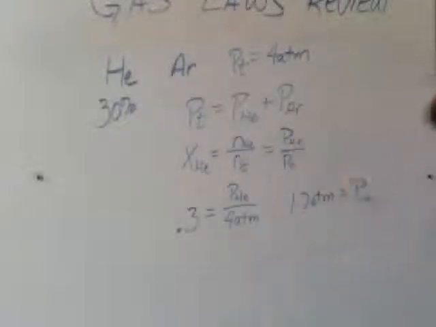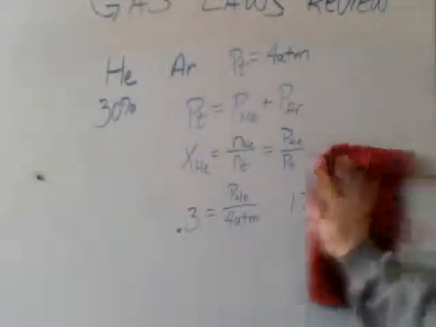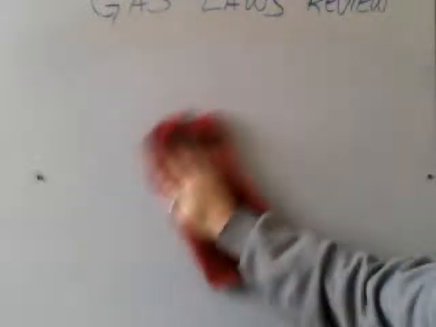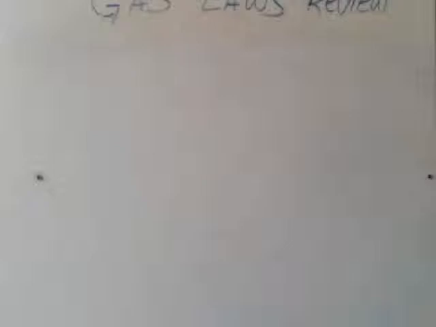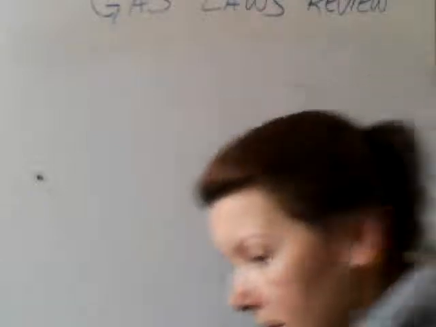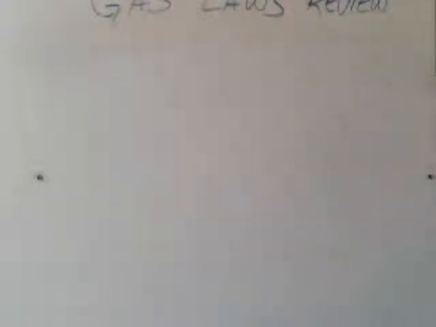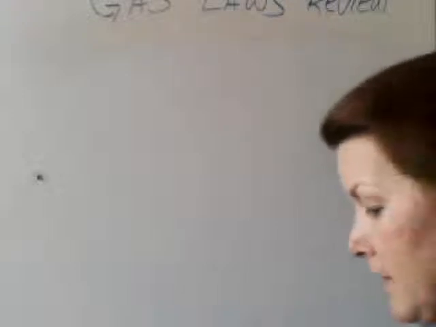The last problem that I have on the review sheet is fairly complicated, but I wanted you to see how you can put it all together to use gas laws in a common day occurrence.